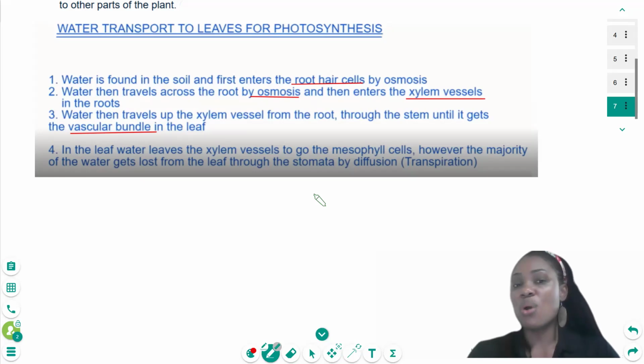And I'm going to teach you some more about the xylem vessels, the special vessels that transport the water.